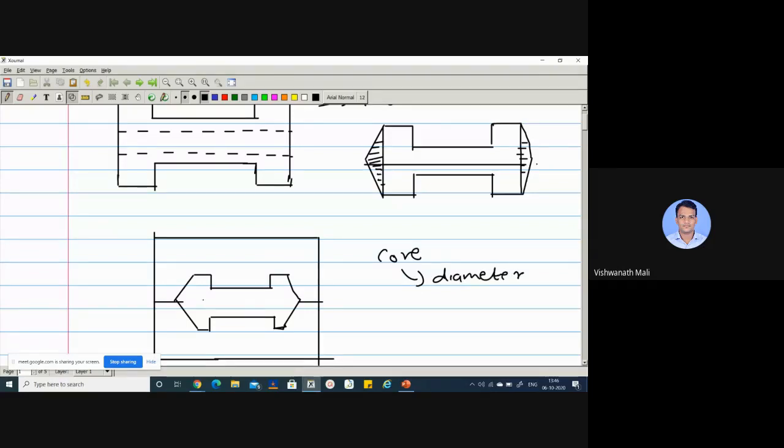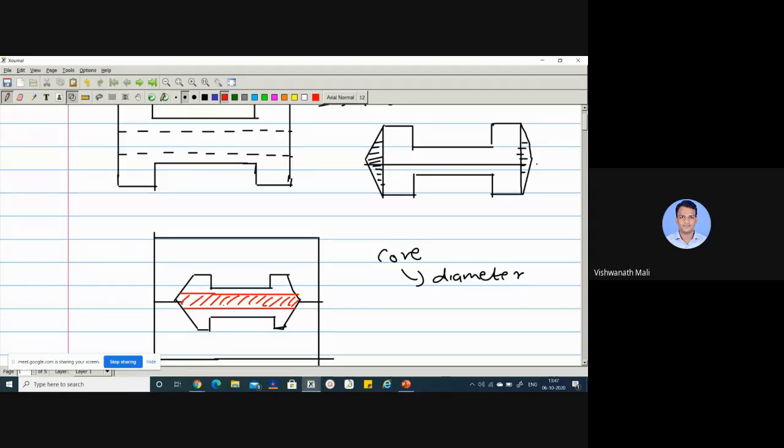Now let's suppose I'm drawing this core with the red color. This is our core, which we place inside this mold cavity wherever we require the hole.